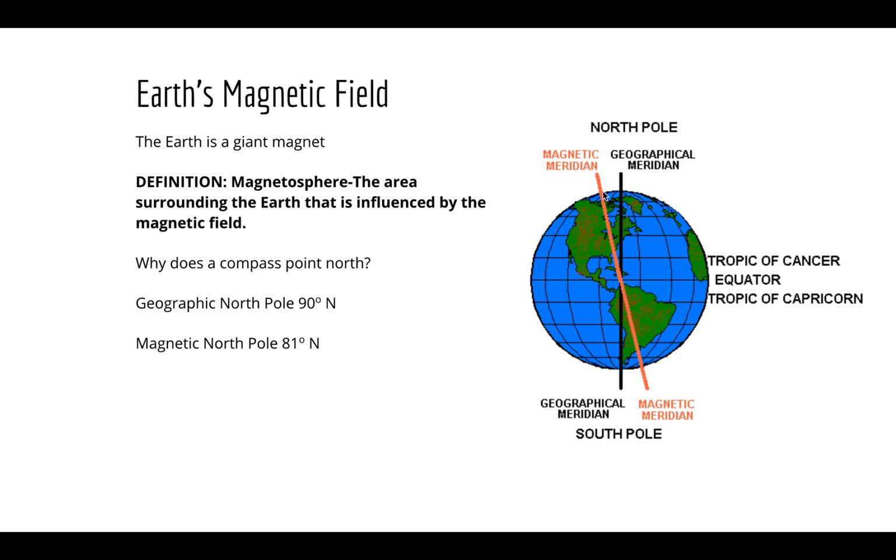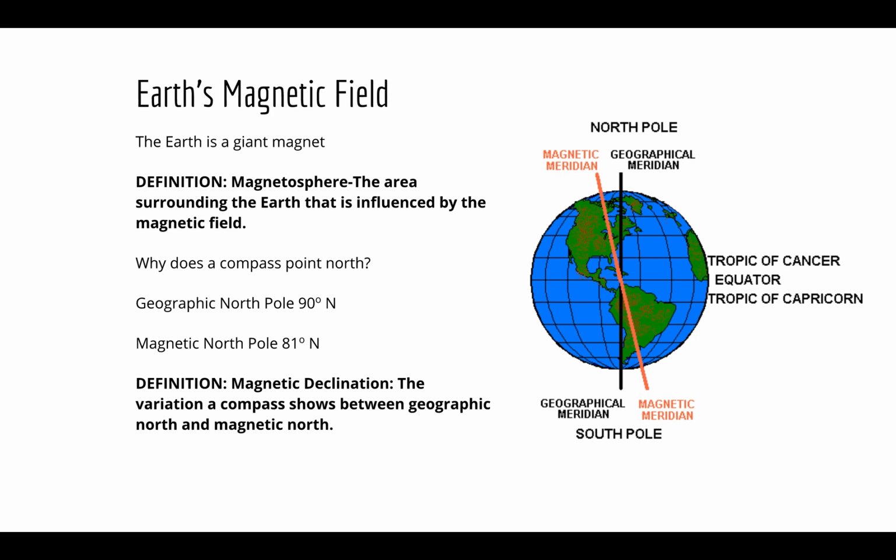And so, actually, the magnetic North Pole is always moving, but it's never perfectly aligned with the geographic North Pole. So, there's a difference between the magnetic North and geographic North Pole. Your compass points towards magnetic North, but that's obviously not the perfect north. So, this is what we call magnetic declination, the variation a compass shows between geographic north and magnetic north.